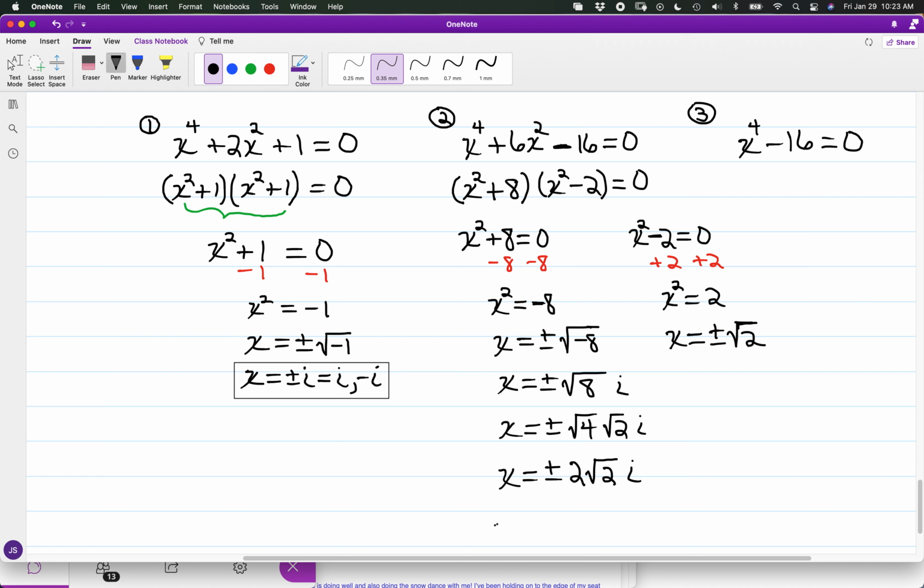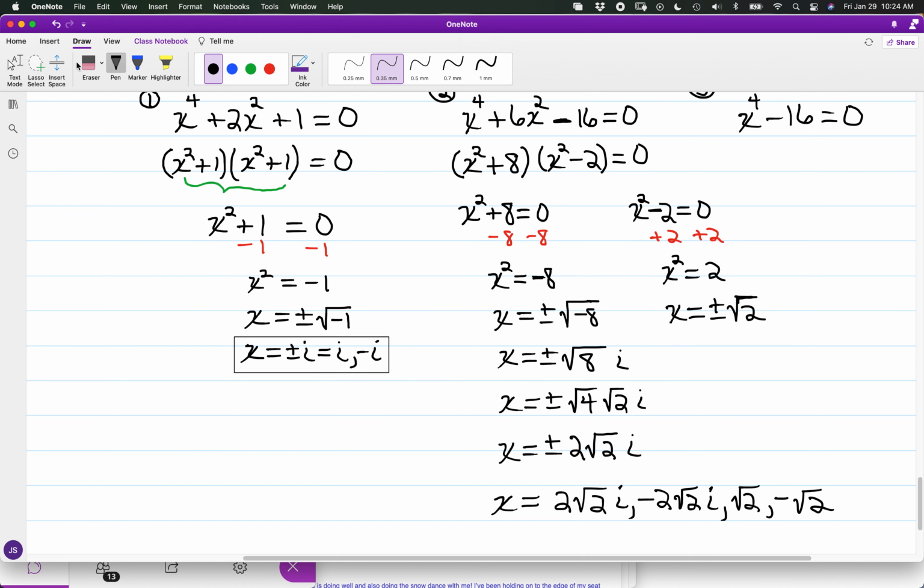So for the solutions in x, we have 2 complex solutions with 2 times the square root of 2i, as well as -2 times the square root of 2 times i. And for the rest, in the real irrational roots, we have the square root of 2 as well as the negative of the square root of 2.